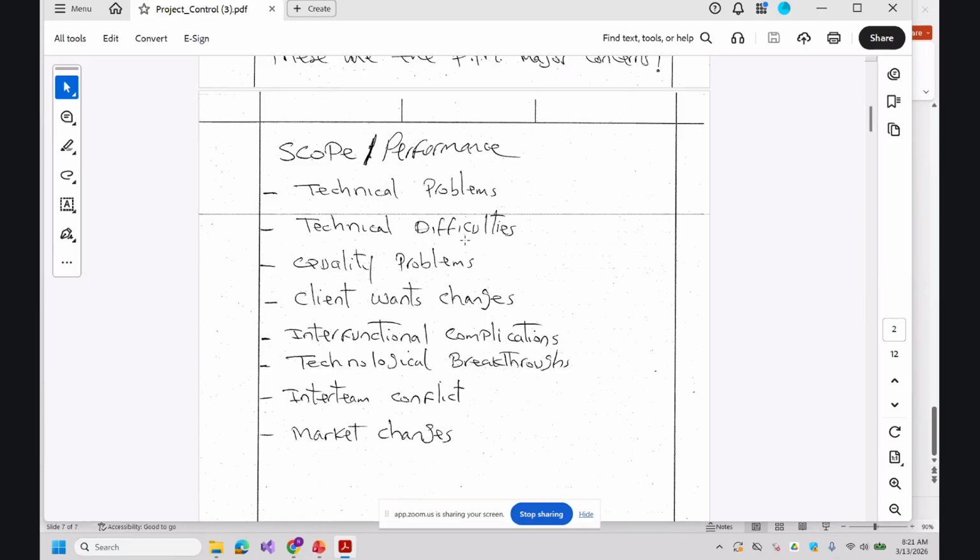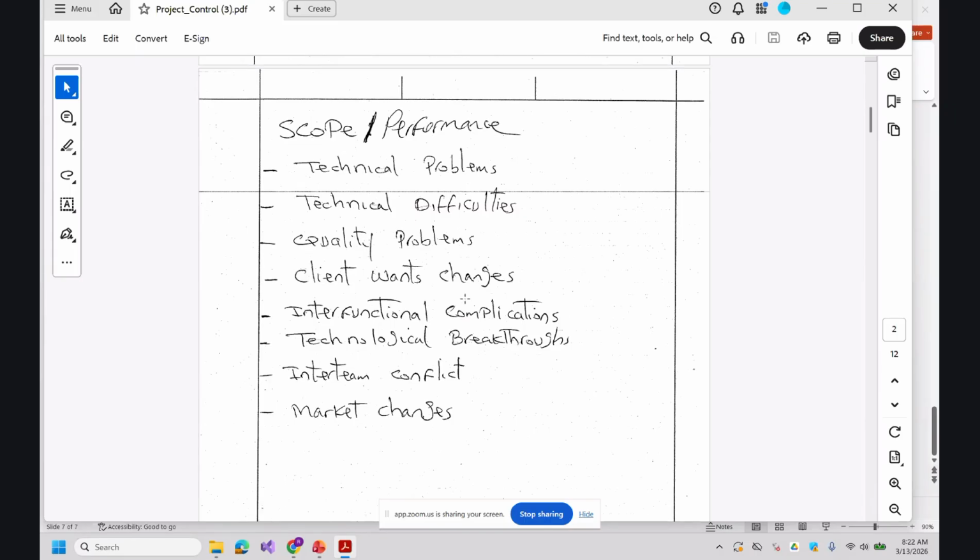Technical difficulties you may come across, quality problems, the client wants to change some description, some objectives, interfunctional complications, maybe technological breakthroughs, new technology, or anything could be happening. Environmental effects are something that you could check and they can affect your project performance.